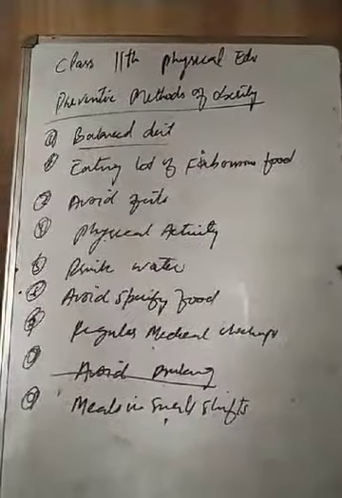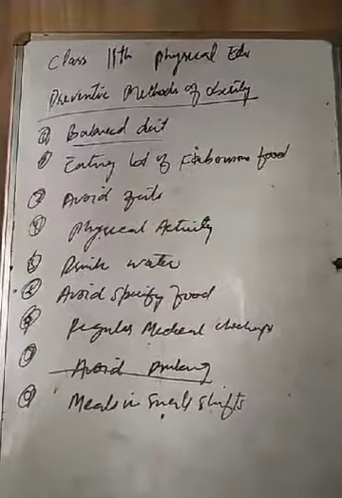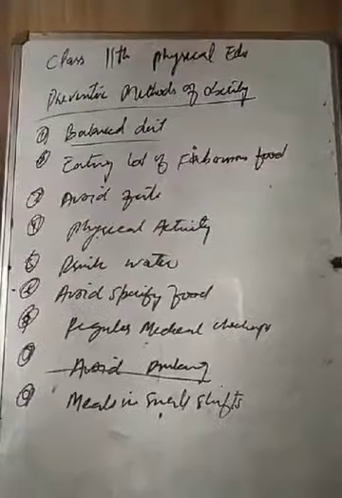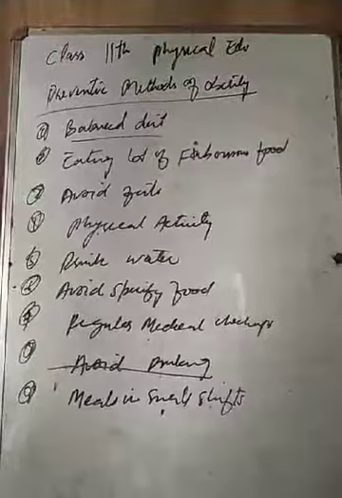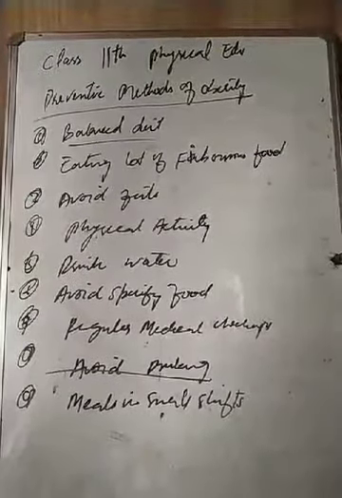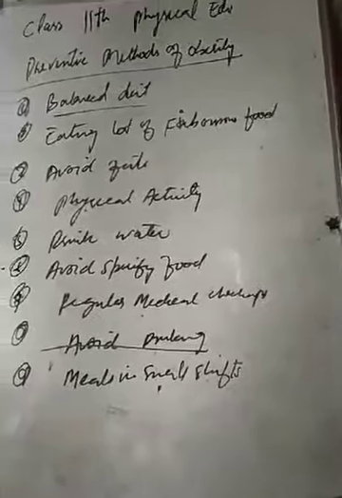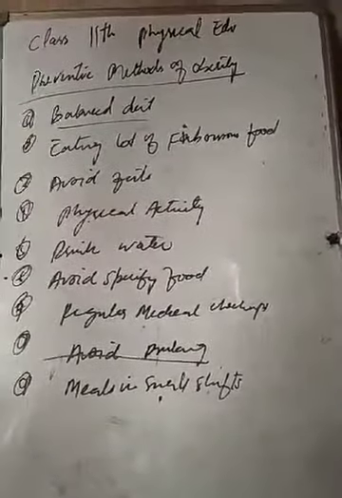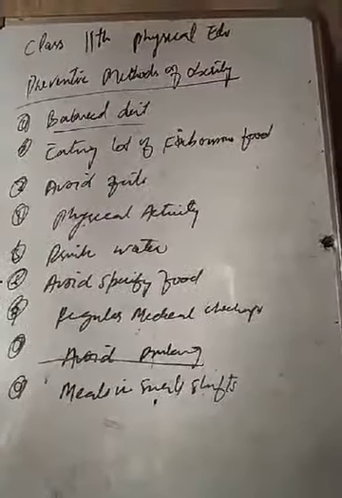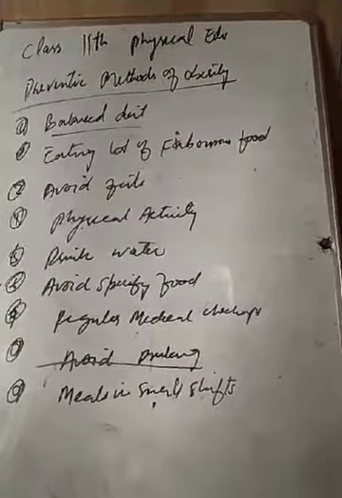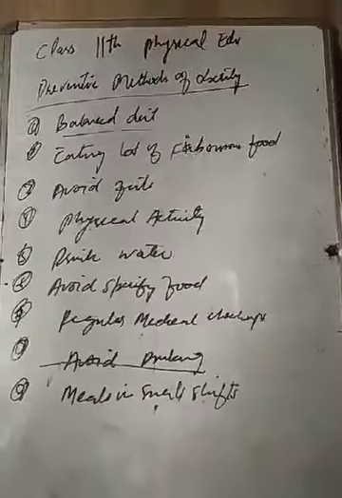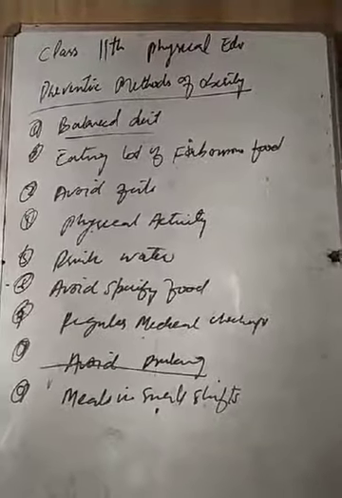In order to avoid obesity, we have to take less fatty items like butter, ghee, animal fat. हमें ये सब अवॉइड करना चाहिए.